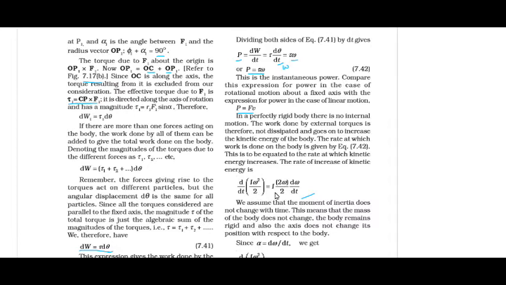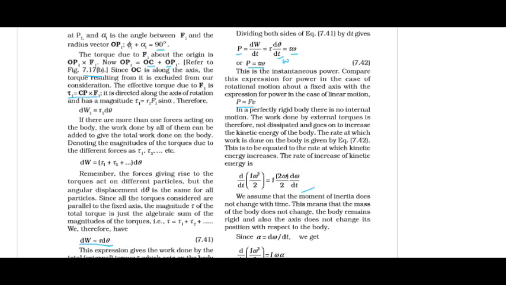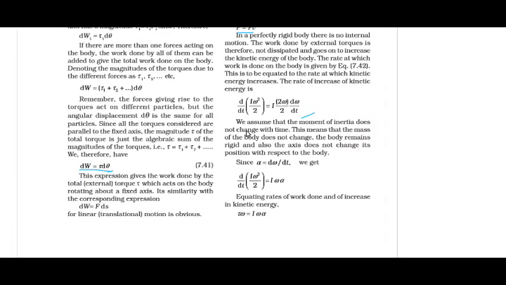Differentiating, it is I times 2 omega d omega by dt over 2. We assume the moment of inertia does not change with time. This means that the mass of the body does not change, the body remains rigid, and also the axis does not change its position with respect to the body.